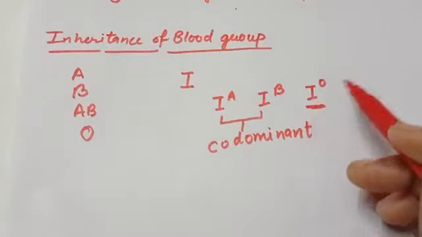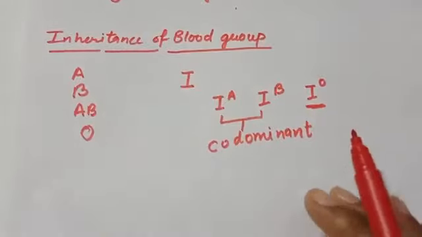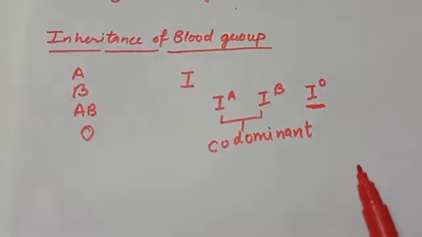Now let us see how we can get the genotype and phenotype for blood groups.